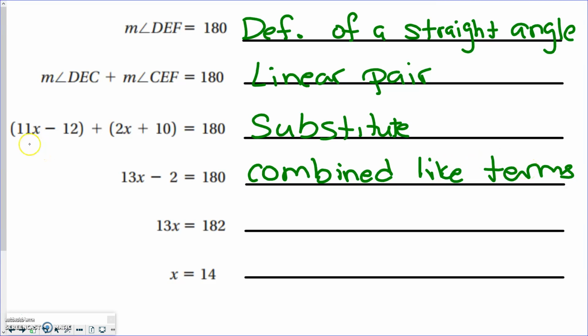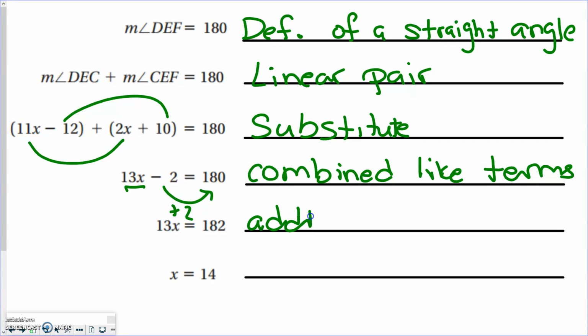They took 11x plus 2x to get 13x. Negative 12 plus 10 is negative 2. Then they added 2 to the other side, so they used the addition property of equality.